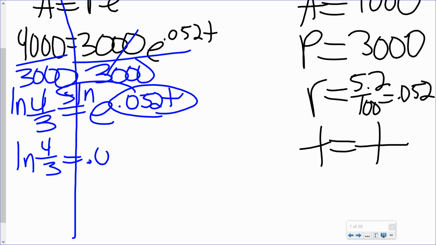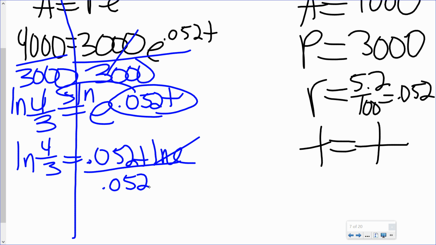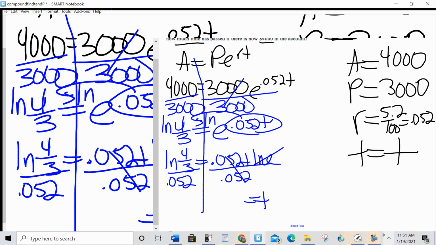I get 0.052t ln e. And again, the point is that ln e just kind of cancels out. If that confuses you, then you can still put over ln e on both sides. It's just not going to affect the answer. So I'm going to go to my calculator.